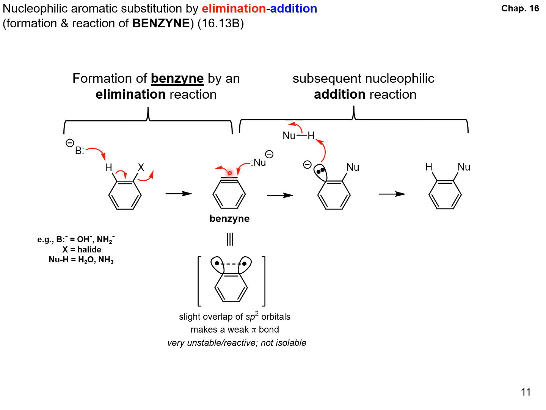The electrons in this pi bond go to the other carbon. You get a minus charge, which picks up a proton from a proton source, and overall what you've done is you've substituted a leaving group for the atom or atoms that come from a nucleophile.